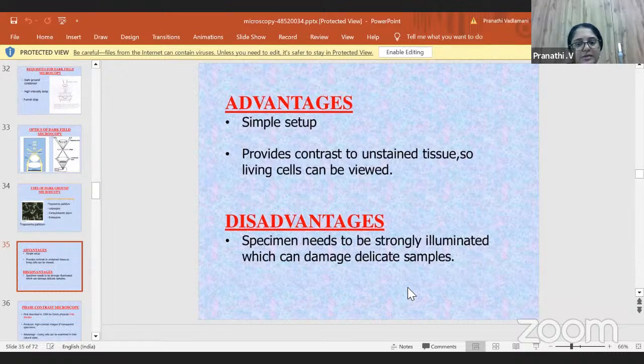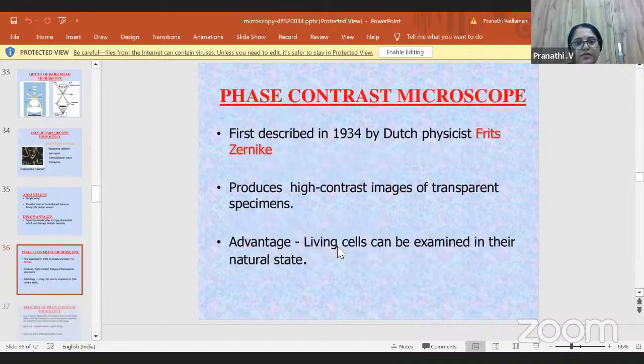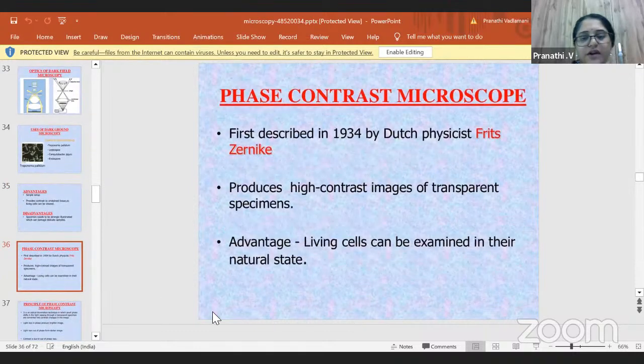Because we are looking at microorganisms, such high intensity of light is going to cause some amount of damage. So we'll just have a look at phase contrast microscopy. Just give me a moment.